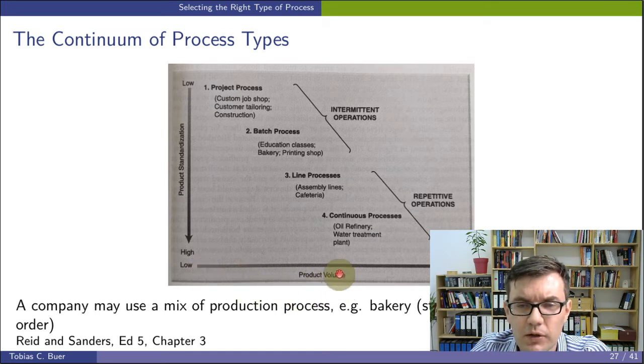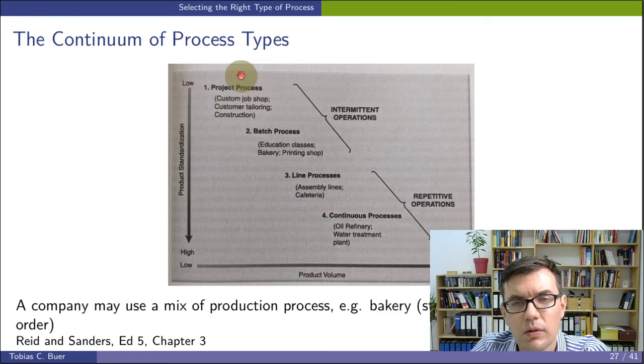We have the product volume, the output volume on the x-axis, and the more we go to the right, the higher the output volume of the production process. And on the y-axis, we have the degree of standardization. The more we go to the bottom, to the origin of this diagram, the higher the degree of standardization, and the more to the top, the lower the degree of standardization.